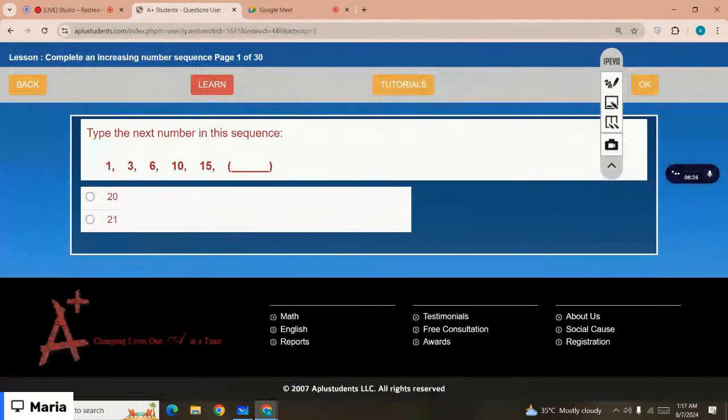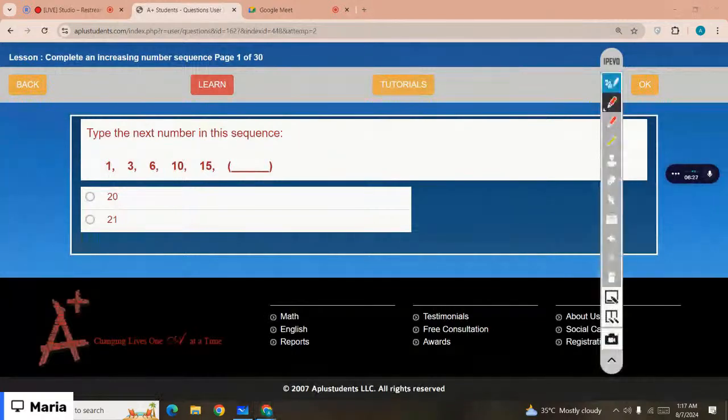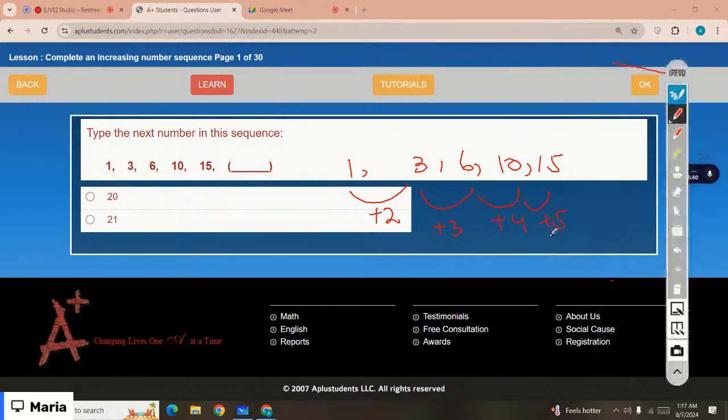Okay, type the next number in the sequence. The first thing you need to identify is again the pattern, right? So let's see how we identify 1, 3, 6, 10, and 15. 1 plus 2 is 3, 3 plus 3 is 6, 6 plus 4 is 10, and 10 plus 5 is 15. So you can see here this number is growing by 1 every time, right?